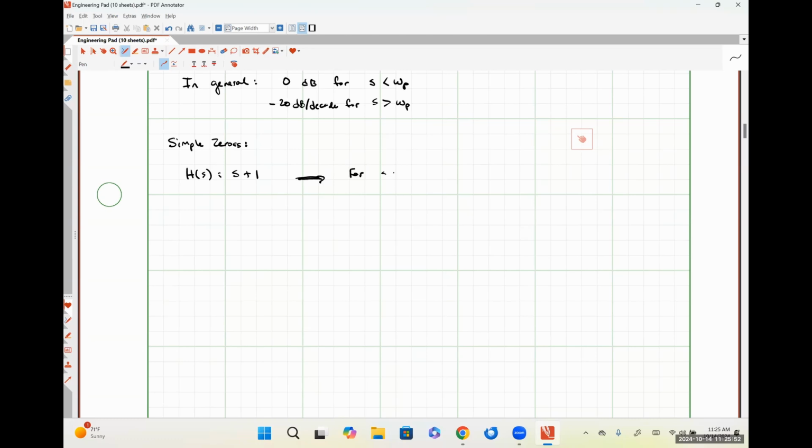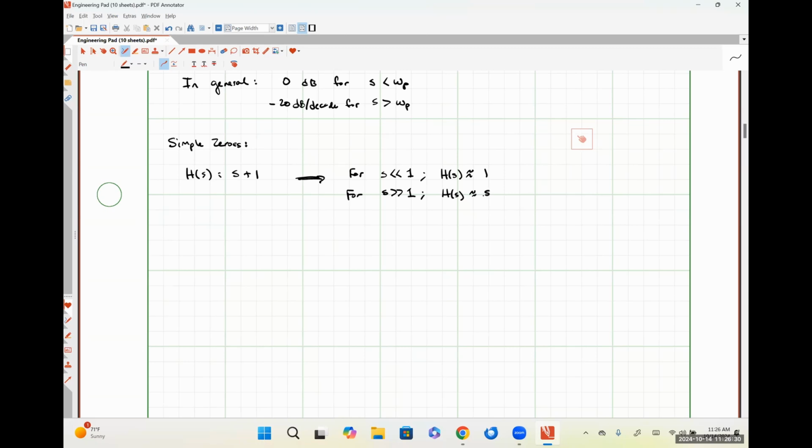So for s less than 1, what is h of s approximately? 1, right? So something very small plus 1 is about 1. For s much greater than 1, we would have something very large plus 1 is approximately equal to that something very large.